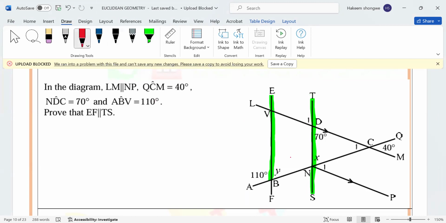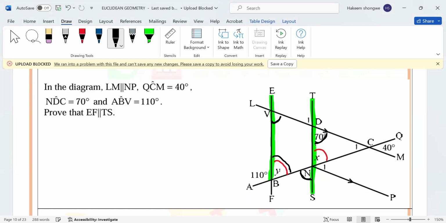So if you can show that this angle equals this angle, then once you join those lines, they are parallel to each other. Or if you can show that this angle equals this angle, then once you join those lines, they are parallel to each other.